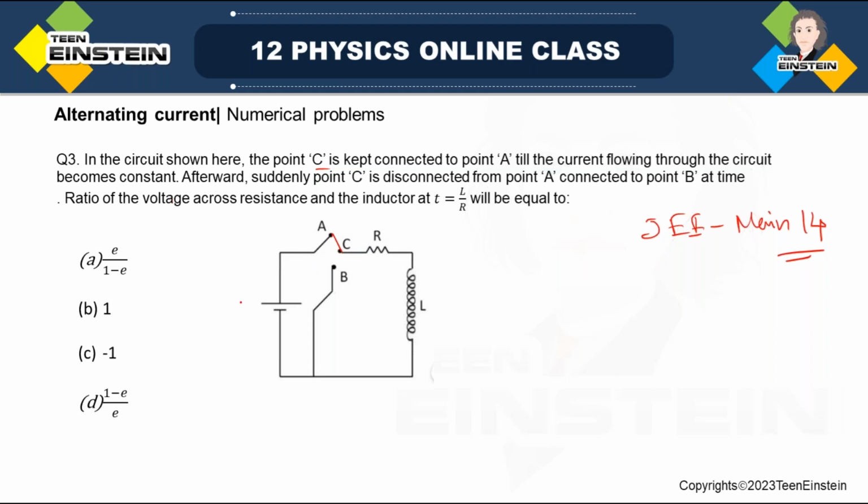If some voltage V is given, since it is DC, the current will be constant after some time in the circuit, and the total current I0 will be equal to V by R. Here there is no V0 business because this is DC, so this voltage will be a constant voltage. Let us say that is V.